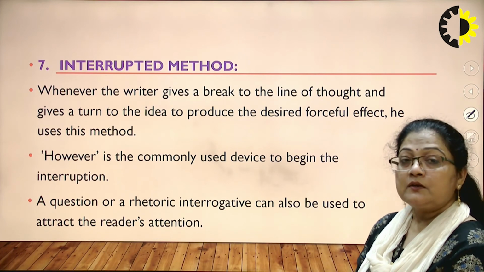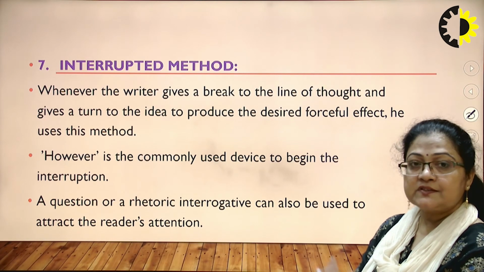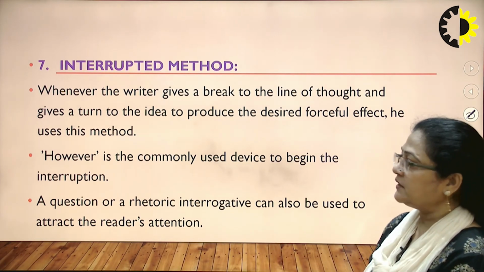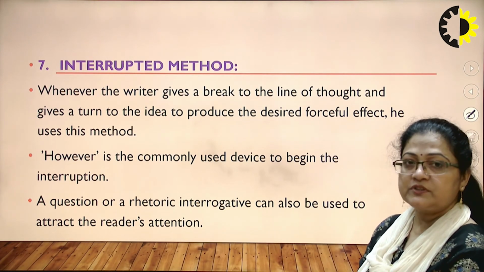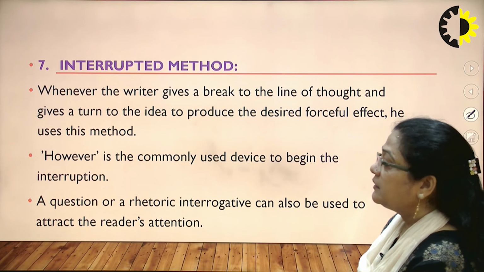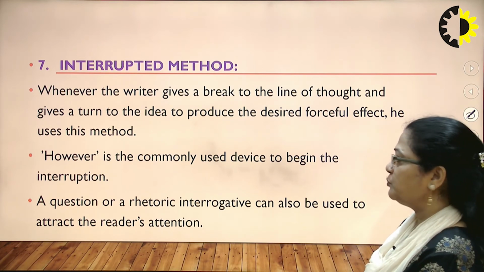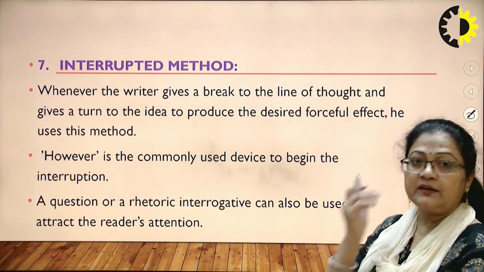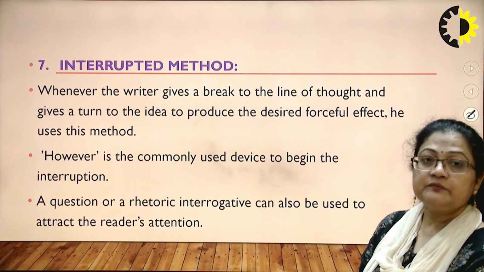So, to startle the reader and to shake the fixed line of thought of a reader, this interrupted method can be used. There can be some startling opposite statement, and the connective "however" is a commonly used device to begin the interruption. Means you start taking the U-turn by using this connective, "however."